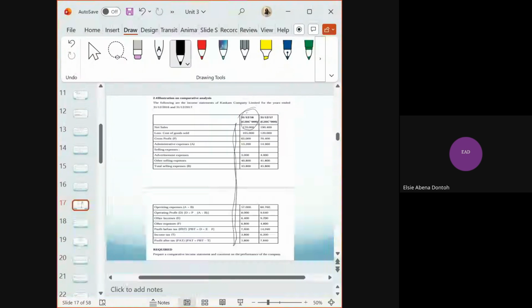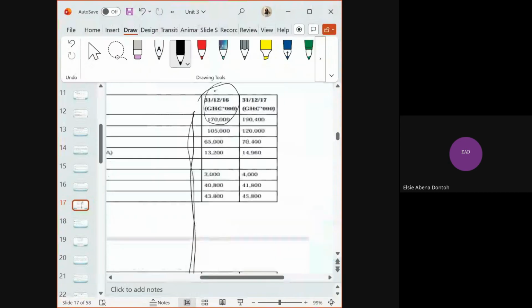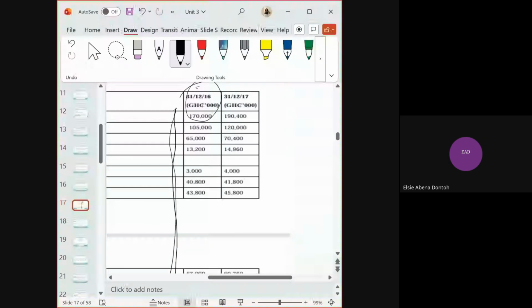Please, do you get it? Yes, ma'am. That's for 2016. But then when we move to 2017, it will be 190,400 divided by the base year, that's 170,000 times 100.